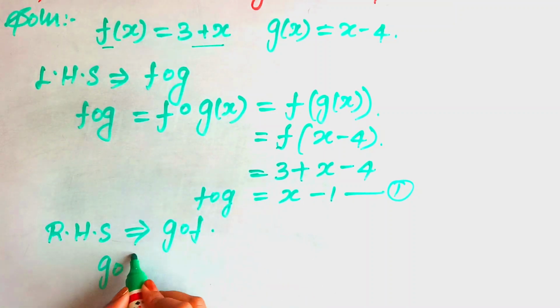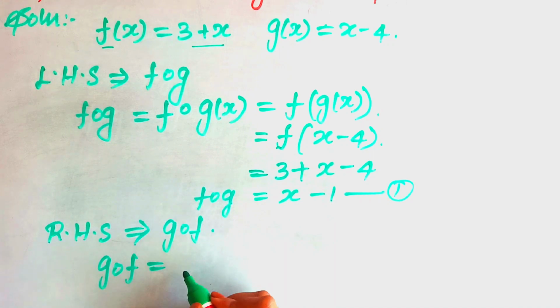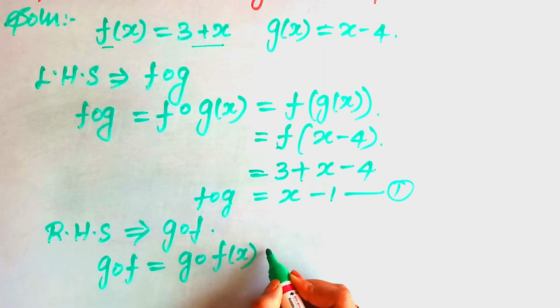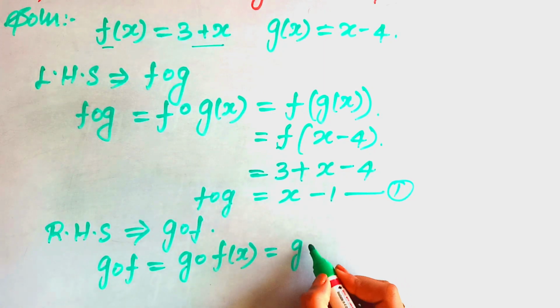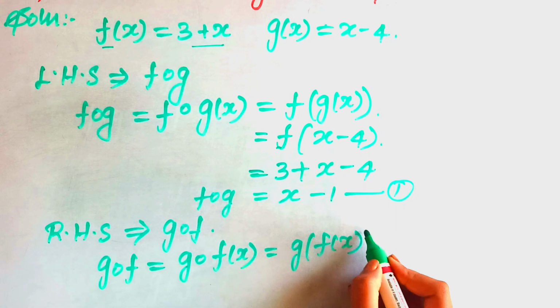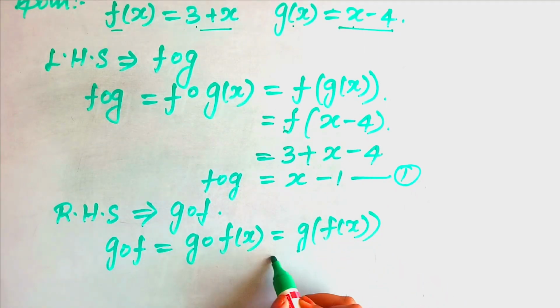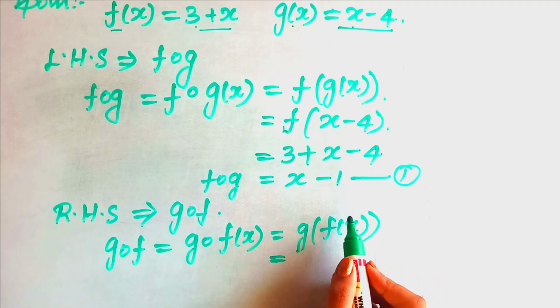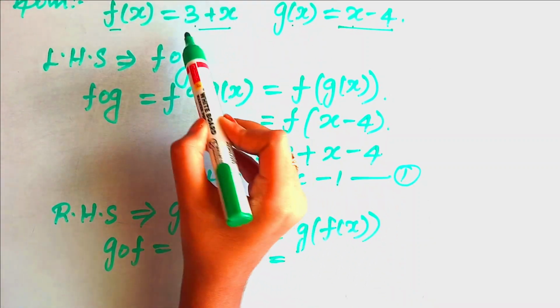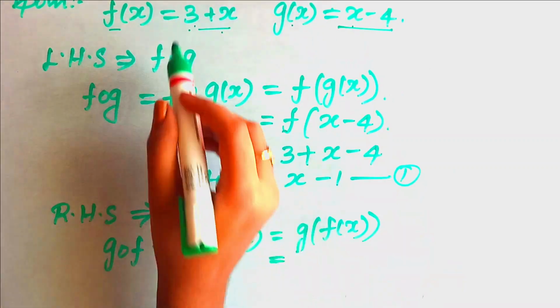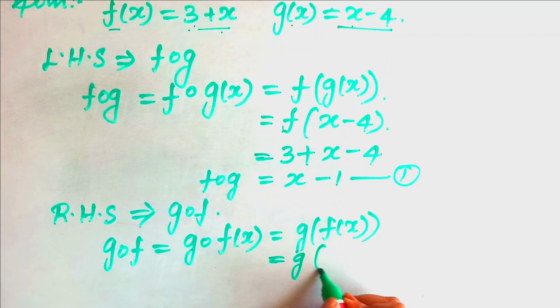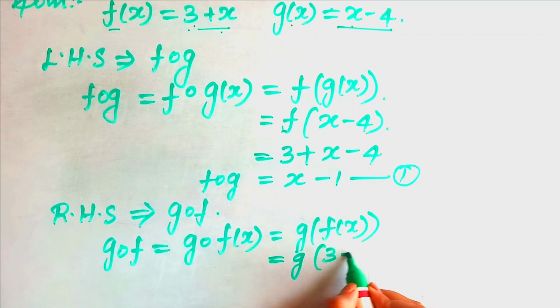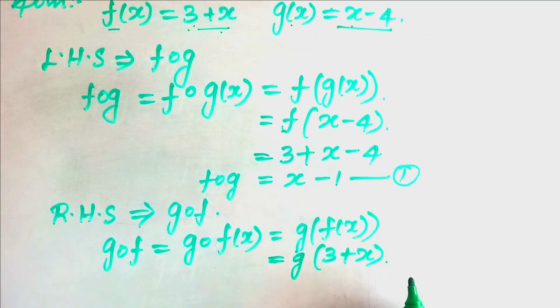To find g dot f, by the definition we'll get g dot f of x is equal to g of f of x. Now here we are going to substitute the value of f of x. So the value of f of x is 3 plus x, right? So in the place of f of x we are going to substitute 3 plus x. Then you have to find the value of a function g, right?